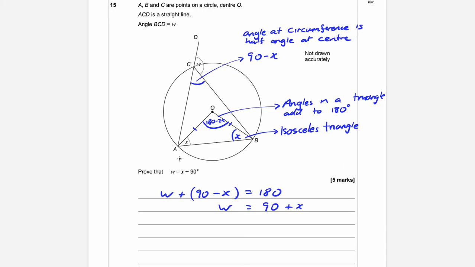And then finally here you want to say angles in a straight line add to 180. Now I know, guys, that's obviously annoying to write all that, but you've got to do it to get the full 5 marks, so just be careful.